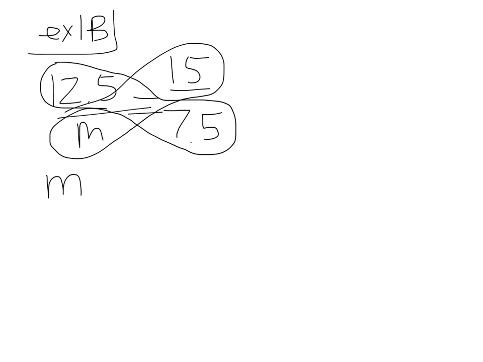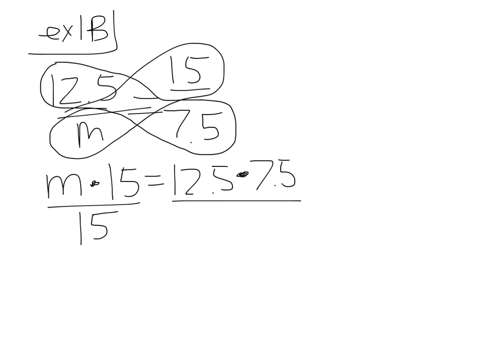So I've got m times 15 equals 12.5 times 7.5. After you cross multiply, divide by the number with the letter, which is 15. So m equals all of those multiplied, and then the divide by 15 part.